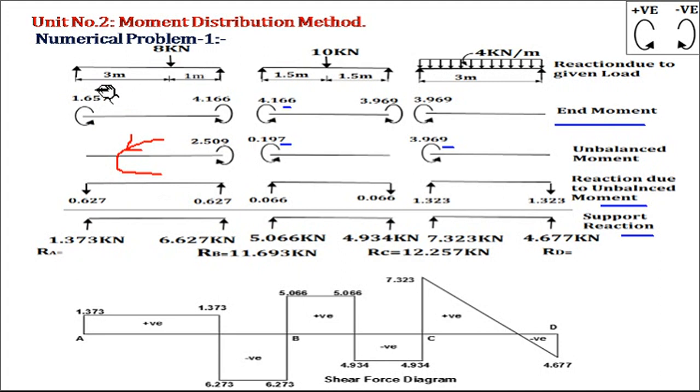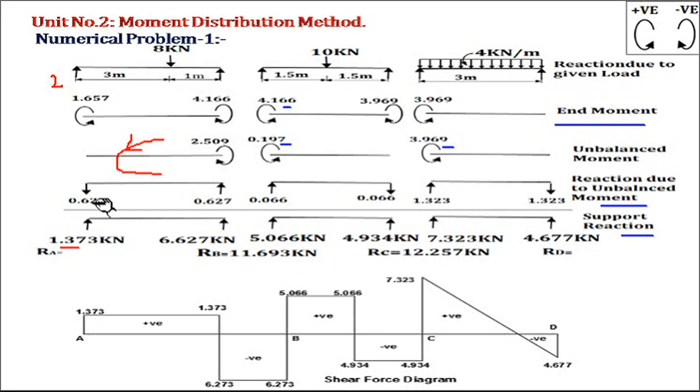Okay, so the reaction at A will be 8 into 1 divided by 4, so this should be equal to 2, that is W B upon L. So 2 minus 0.627, so this value comes to be equal to 1.373.